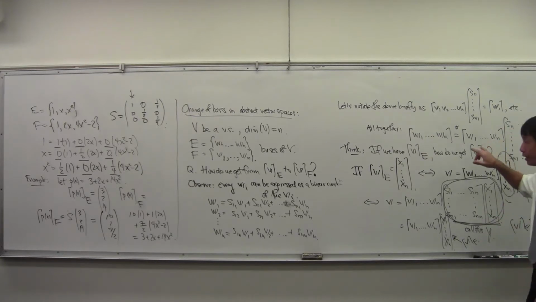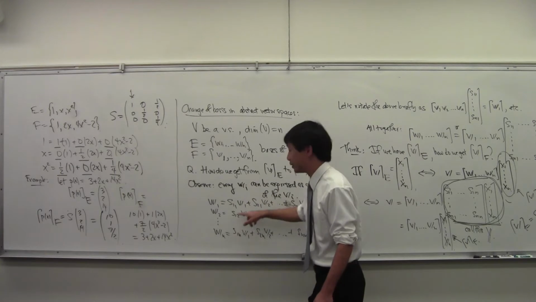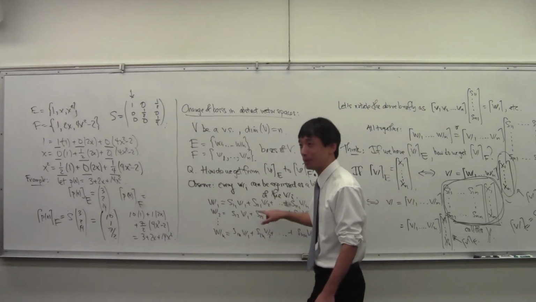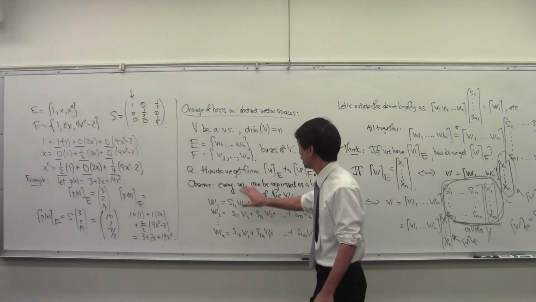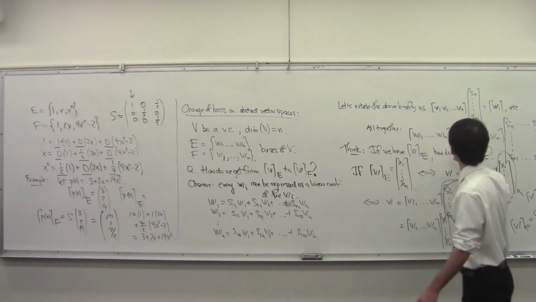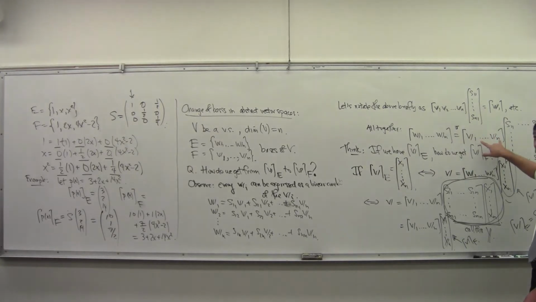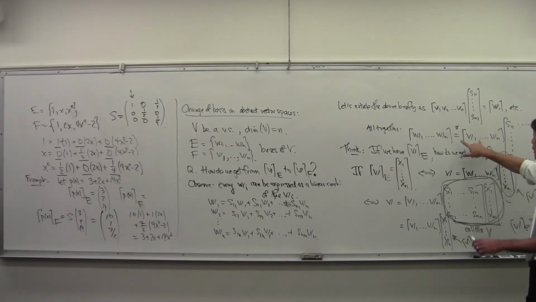So there's two things you got to understand. One is that we've expressed the W's in terms of the V's. Every W can be expressed as a linear combination of the V's. And then we abbreviated that as this thing here. We are allowed to know that.